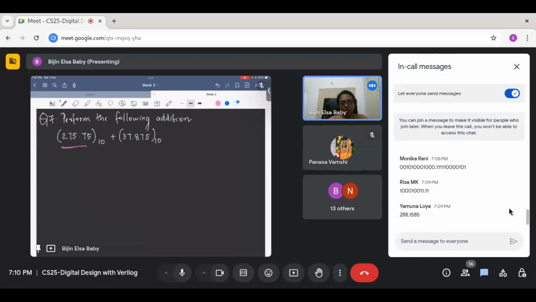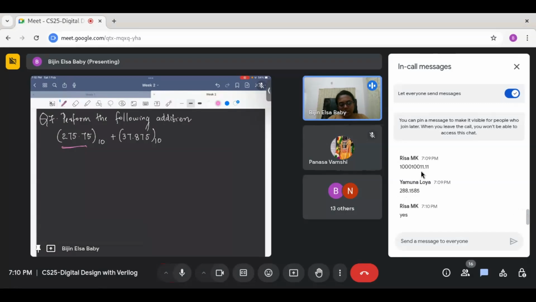Wait, 8.158. That is wrong. Yeah, you are talking about the binary representation of 275.75, right? 100,001.